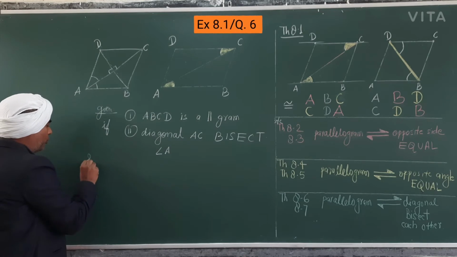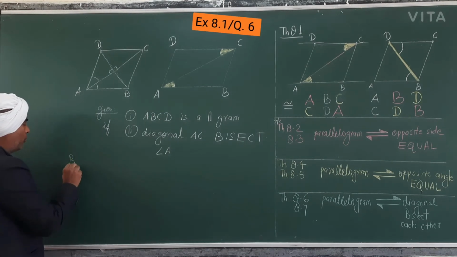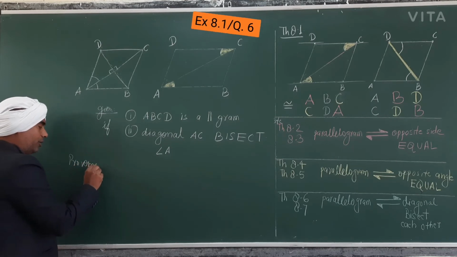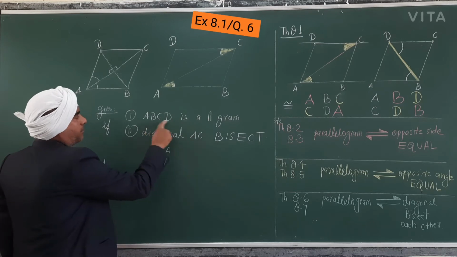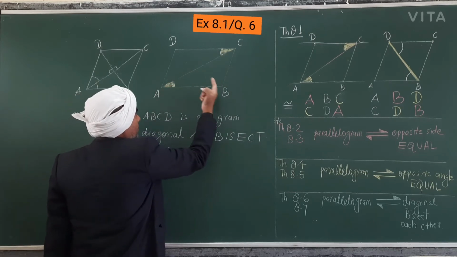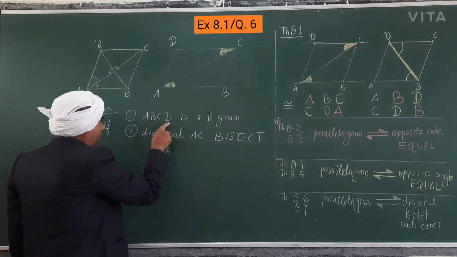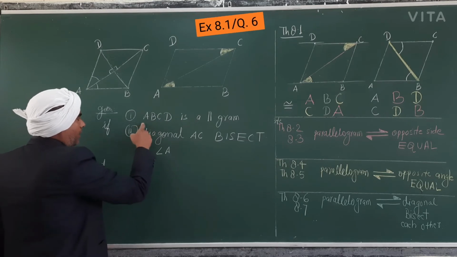So this was the given. We have to prove whatever proof is given in your book. Now you will write the proof. So you know it is very easy now. If this is a parallelogram, I will write this angle equal to this and this equal to this. With here the first given, ABCD is a parallelogram.